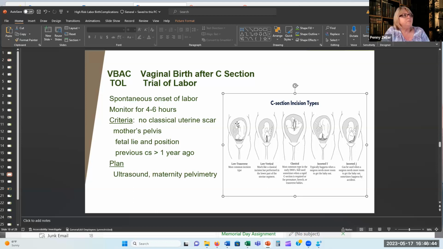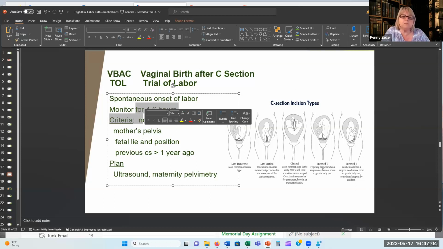It's also recommended that if she delivers by C-section, that she really needs to wait another year before she even gets pregnant. And that's always recommended. It takes time to get over a C-section. Wait until her body systems build up the reserves again, and that tissue has had plenty of time to heal.